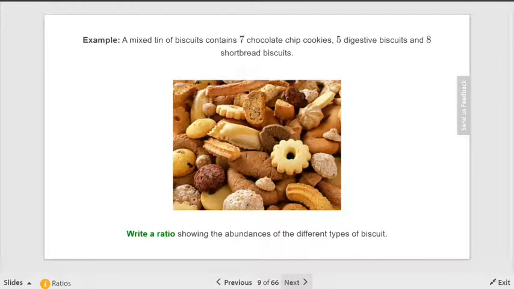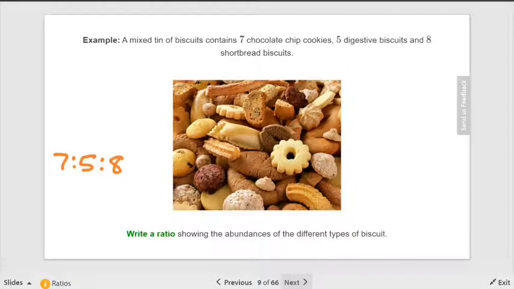So here we go. A mixed tin of biscuits contains 7 chocolate chip cookies, 5 digestive biscuits, and 8 shortbread biscuits. Write a ratio showing the abundances of the different types of biscuits. Okay? Now, are they telling us what order to put them in? Nope. So let's just put them in the order they give them to us. Okay? So I'm going to write a ratio. How many chocolate chip do I have? 7. How many digestive? 5. How many shortbread? 8.